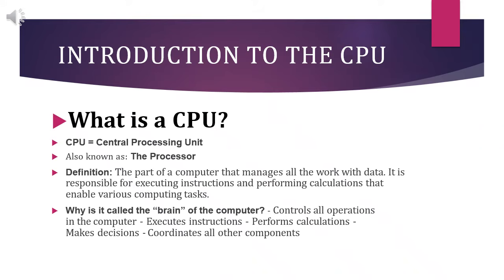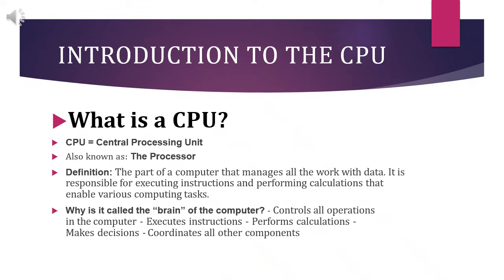This leads to why everyone calls it the brain of the computer. Just like your brain manages your body, the CPU is the master controller. It does four essential things. 1. It controls all operations, meaning it decides when things happen. 2.